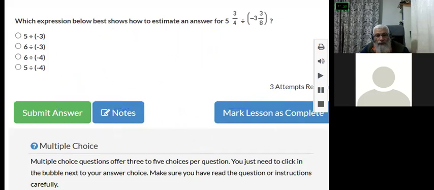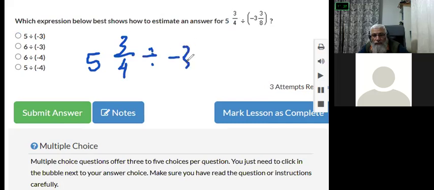Okay, this one. Which expression below best shows how to estimate 5 and 3 over 4 divided by... So round this to the nearest number.